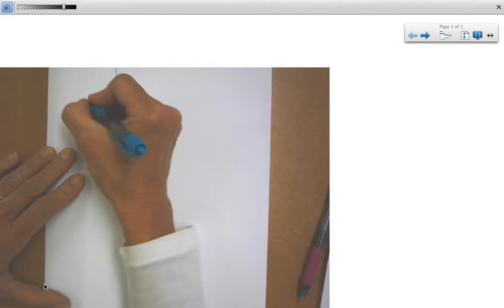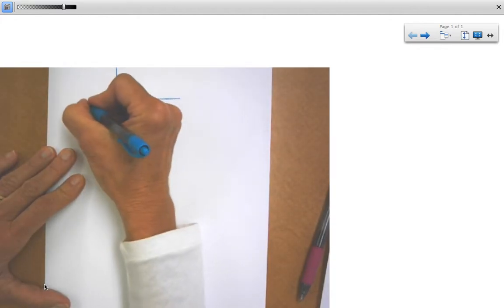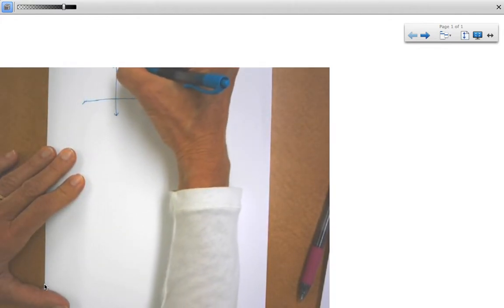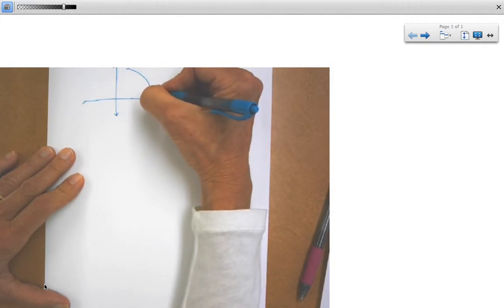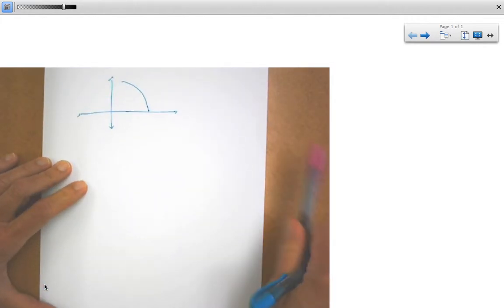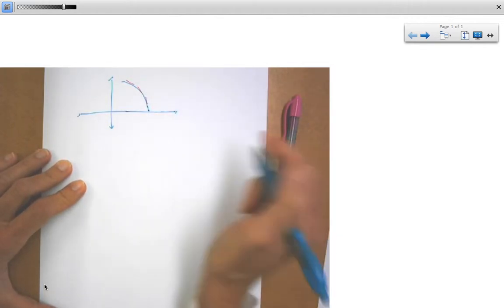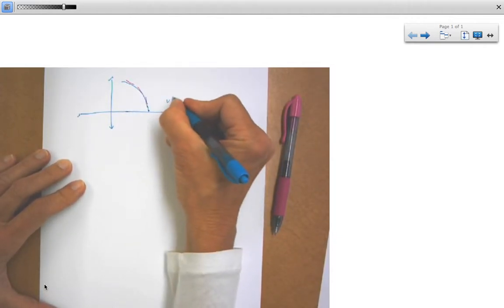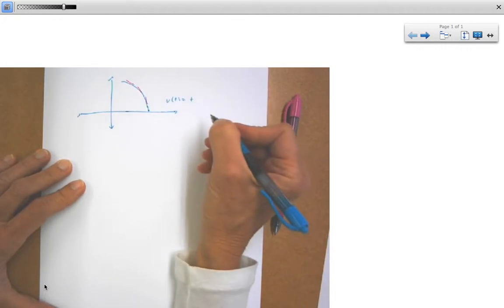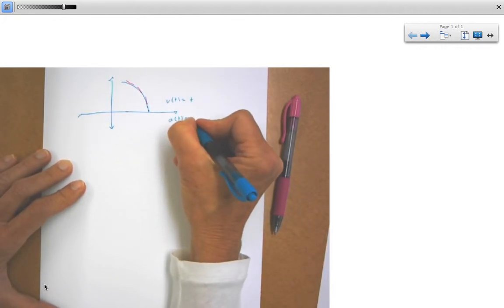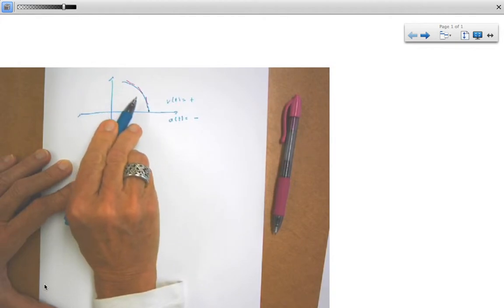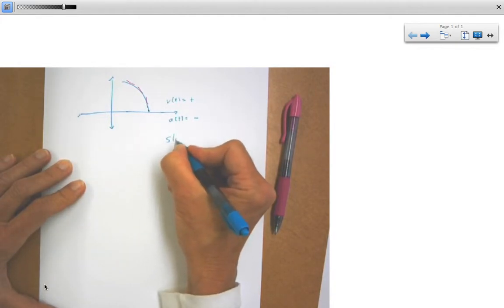Now, let's say that we had a graph of velocity, and it's decreasing. Notice your rate of change, the tangent lines, will have negative slope. So even though the value of velocity is positive, the value of acceleration is negative, meaning my velocity is decreasing, therefore I must be slowing down.